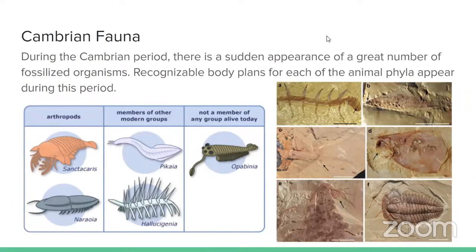So during the Cambrian period, we suddenly see tons and tons of fossilized organisms. There are debates about why we suddenly see this in the Cambrian period. When they first found the rocks of the Cambrian period, they kind of thought that this was the beginning of Earth, the beginning of life, with all of it appearing all at once.